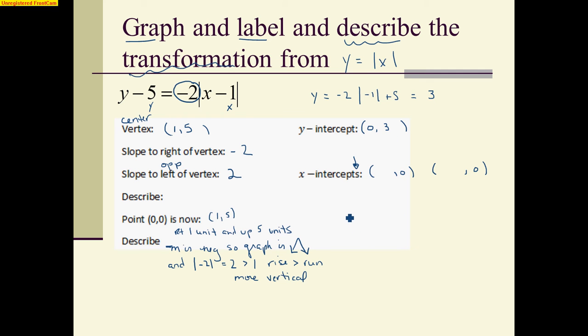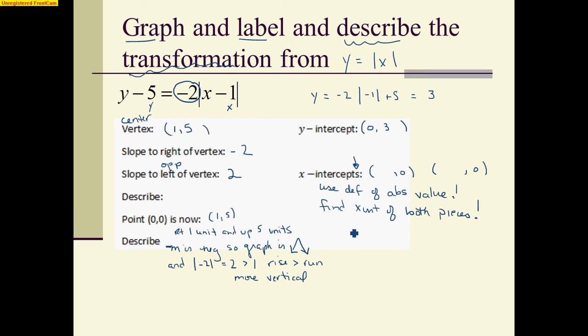To do x-intercepts, you must use the definition of absolute value. And this throws kids off. You have to break this back into pieces. You need to find x-intercepts of both pieces.